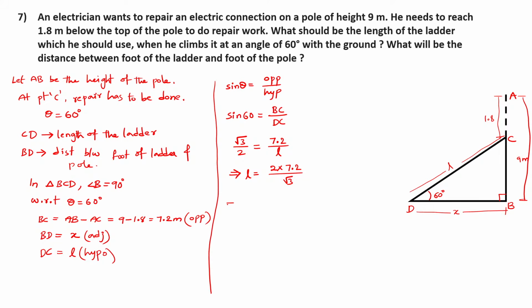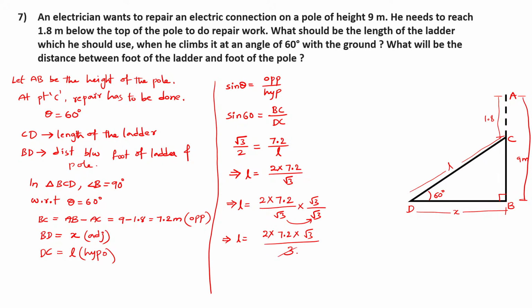Rationalizing the denominator, we get L is equal to 2 into 7.2 by root 3. We multiply by root 3 and divide by root 3. Next, L is equal to 2 into 7.2 into root 3 by root 3 into root 3, which is 3.